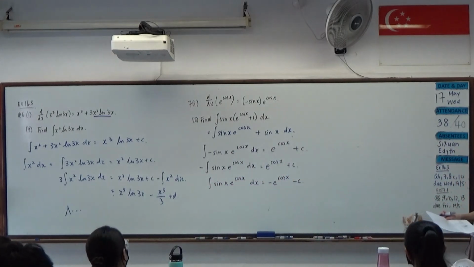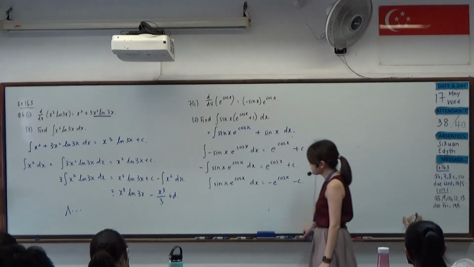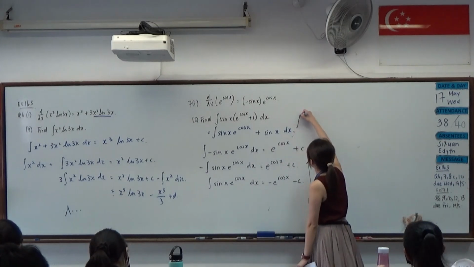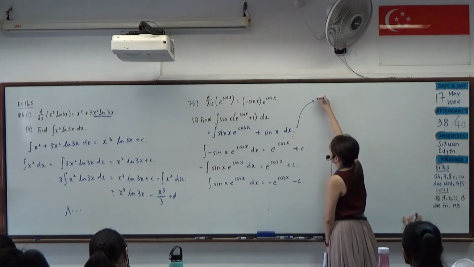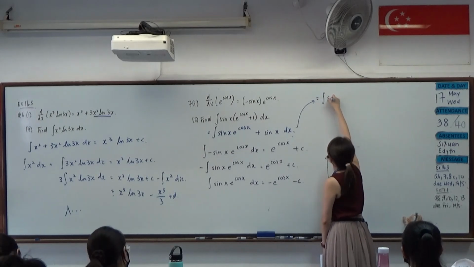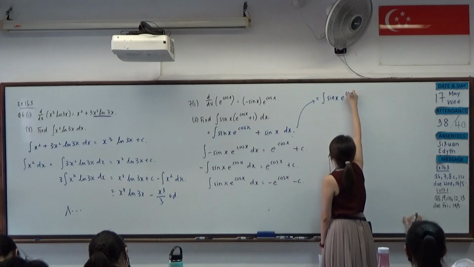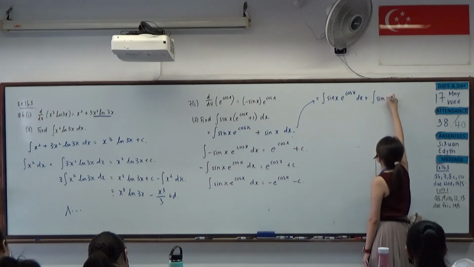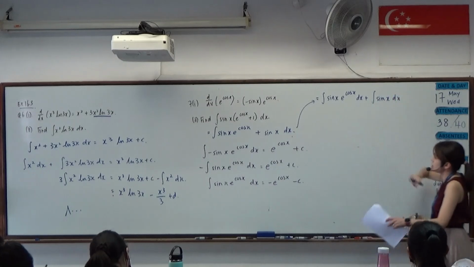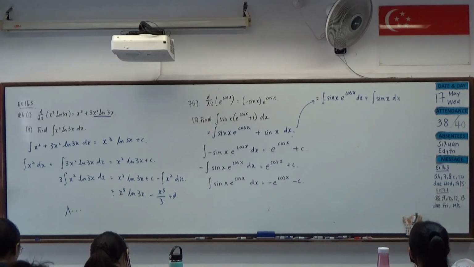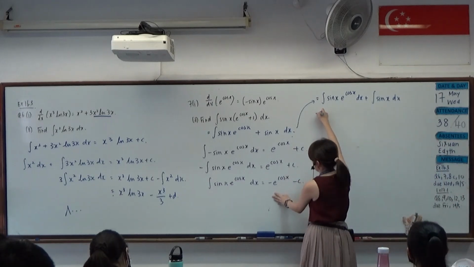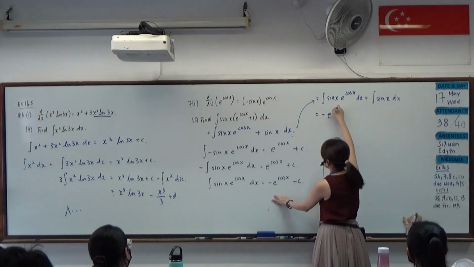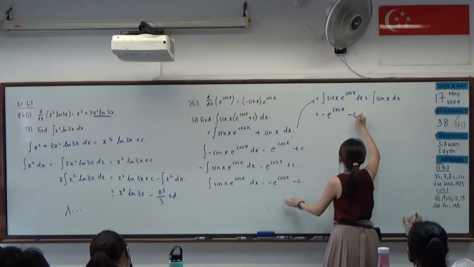Okay, so back to our original expanded form here. This would mean that it is two separate integrals, of sine x e cosine x, and then also the other one is sine x. So the one on the left side, we already now know that it is negative e cosine x minus c.